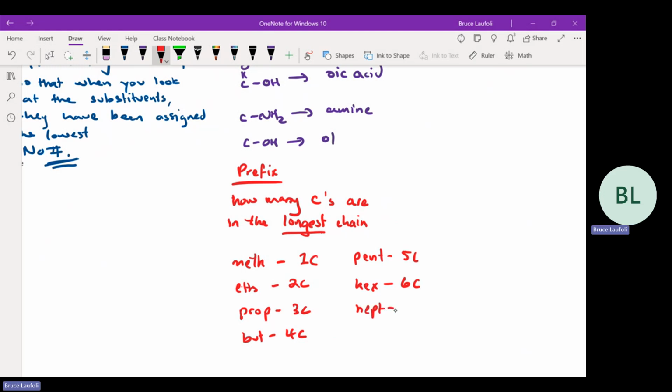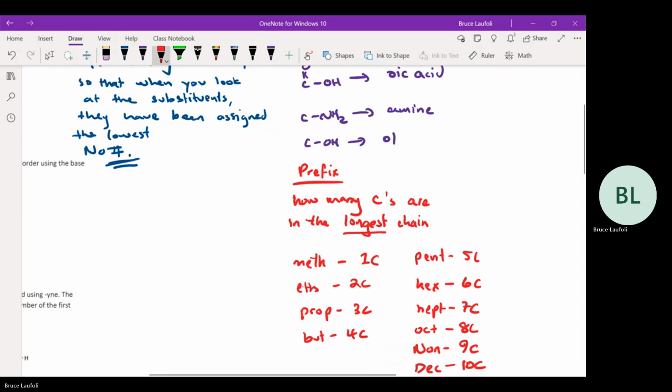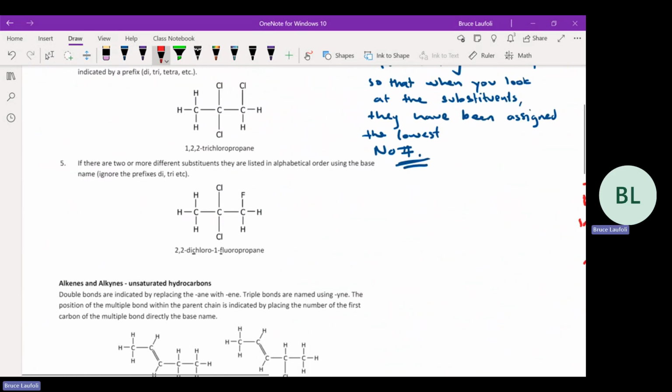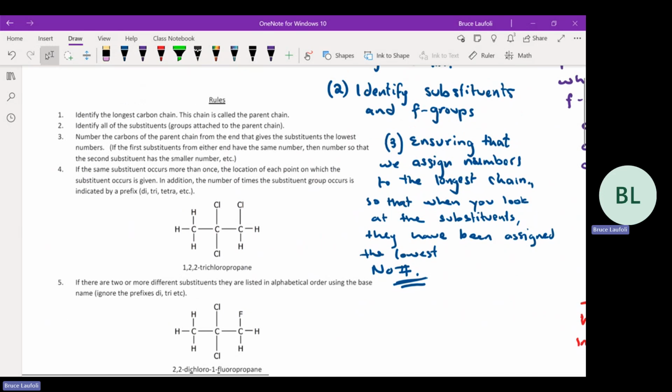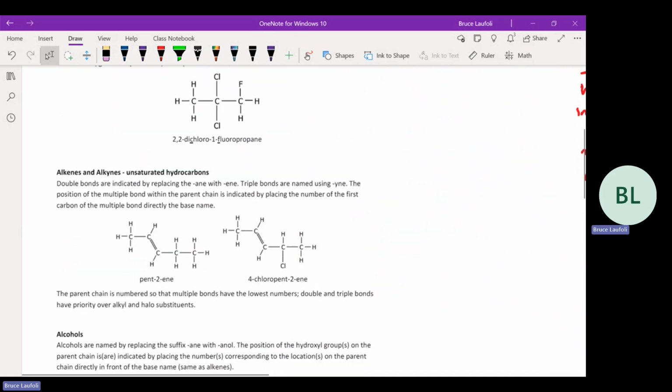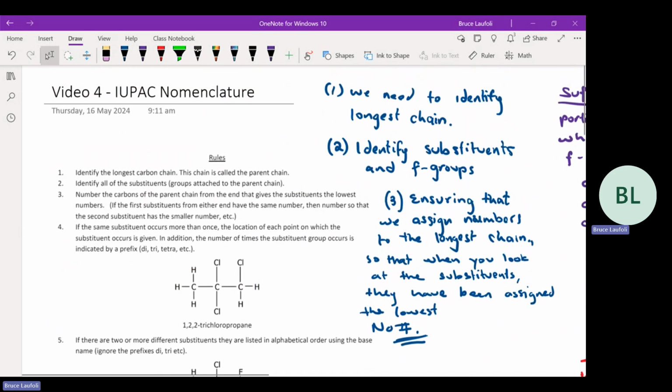Hept is seven, like heptagon. Oct is eight. Non is nine carbons, and dec is 10 carbons. So you can have a read through these over here.